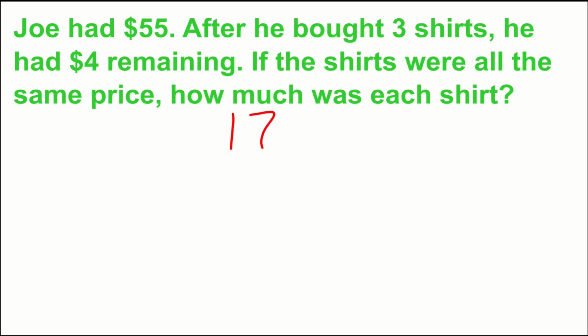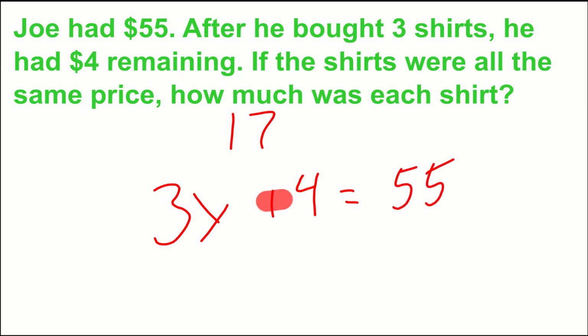No. But if we had the equation for this, he bought 3 shirts, so 3 shirts, we'll call that 3x. Had $4 remaining, so plus the 4, we're going to equal $55. That'd be our equation, right?